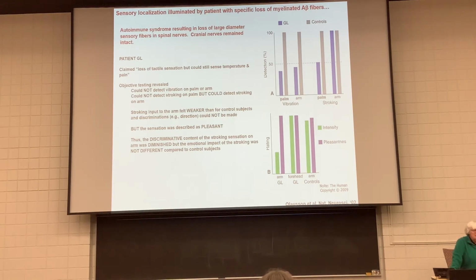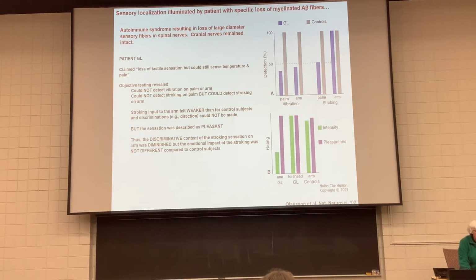What's different between the palm and your arm? I think I heard somebody say hairs. Yeah, so the hairy skin seemed to have some ability to detect it. However, she couldn't localize it.